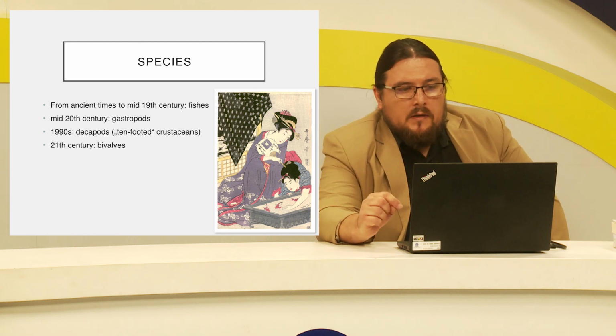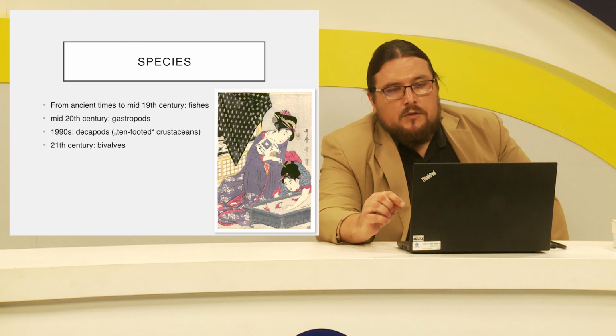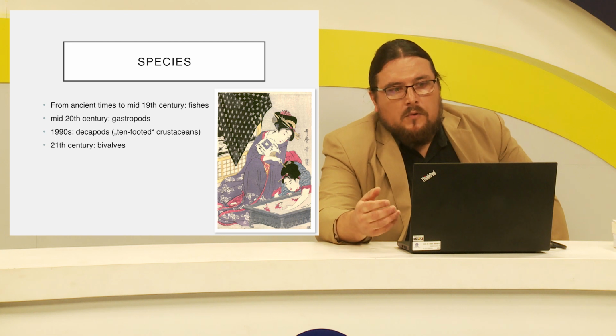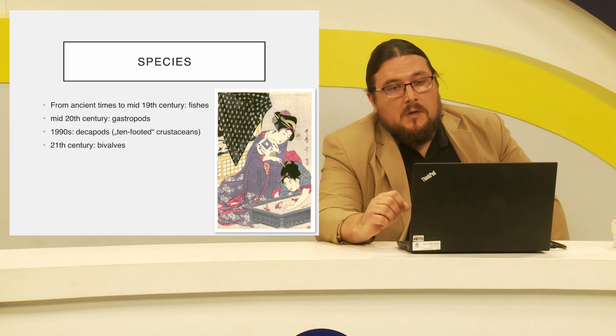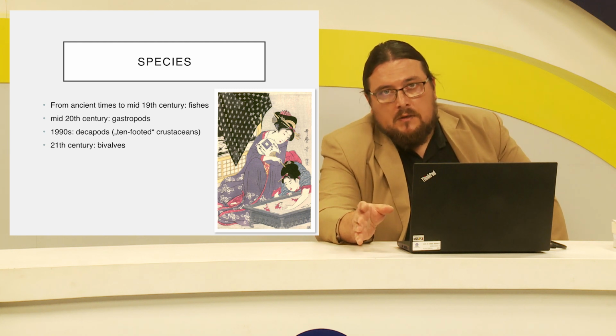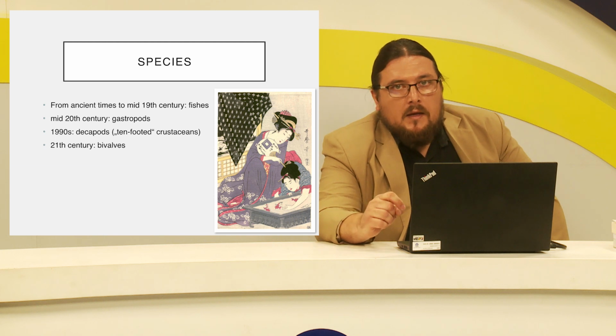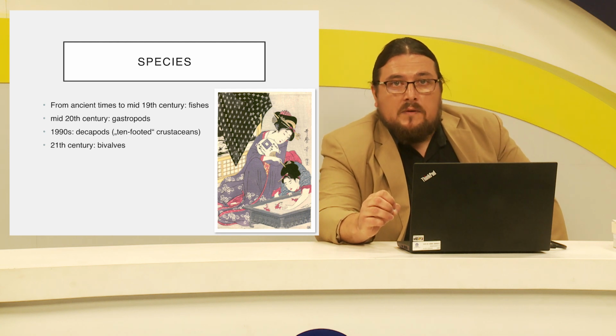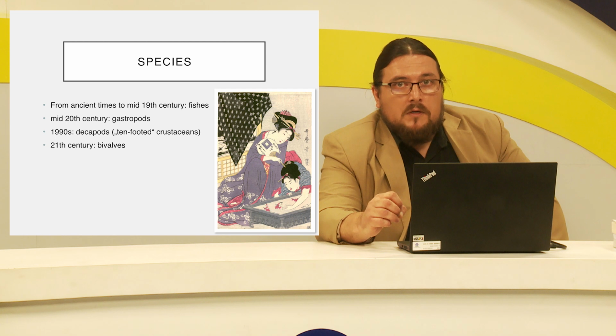Much later, in the mid 20th century, some invertebrates were introduced to the market as ornamental animals. At first, gastropods, later decapod crustaceans like shrimps and crayfish and crabs, and later, at the beginning of the 21st century, also some bivalves were introduced for ornamental keeping.